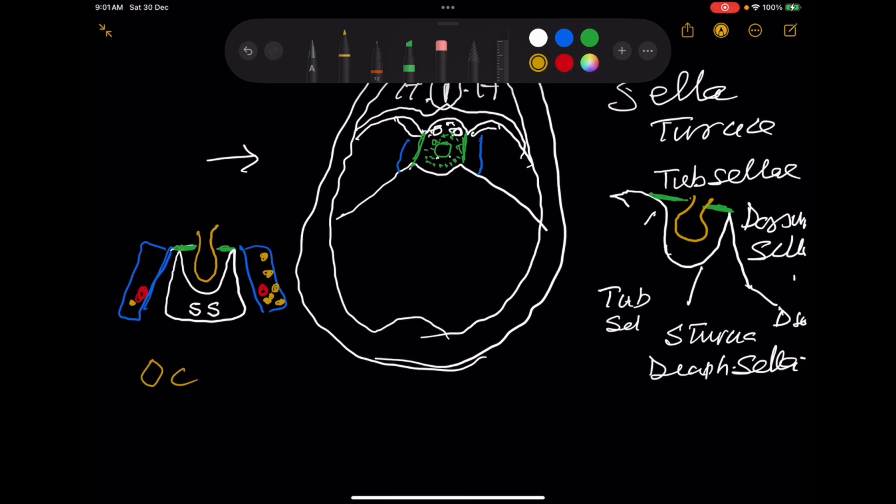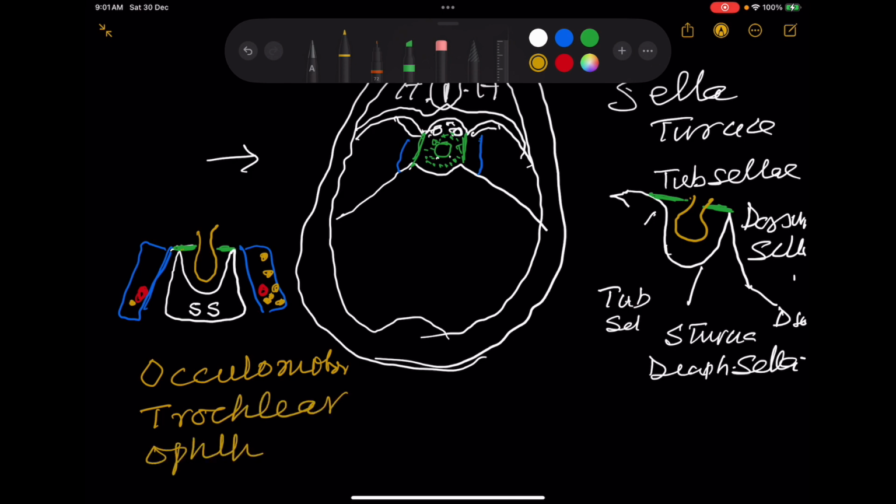O for oculomotor, trochlear, ophthalmic, maxillary.